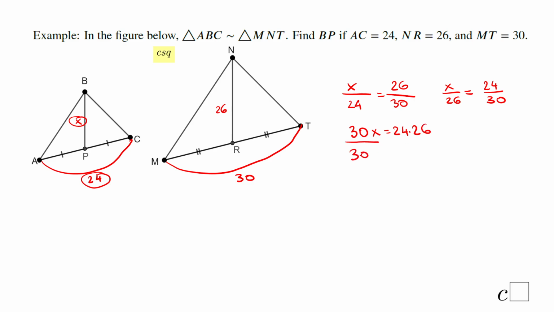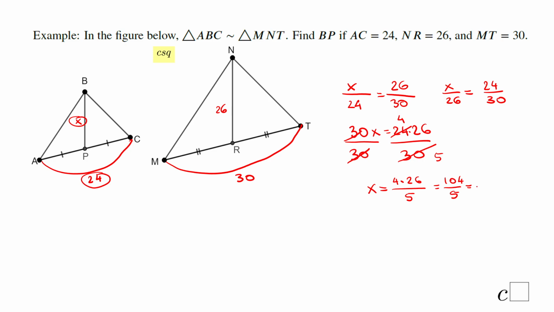I'm going to divide by 30. So now let's take a look. 30 and 24 we can simplify here by 6. 30 divided by 6 is 5. 24 divided by 6 is 4. I don't see any other simplification possible. So we have 4 times 26, that would be 104 over 5.